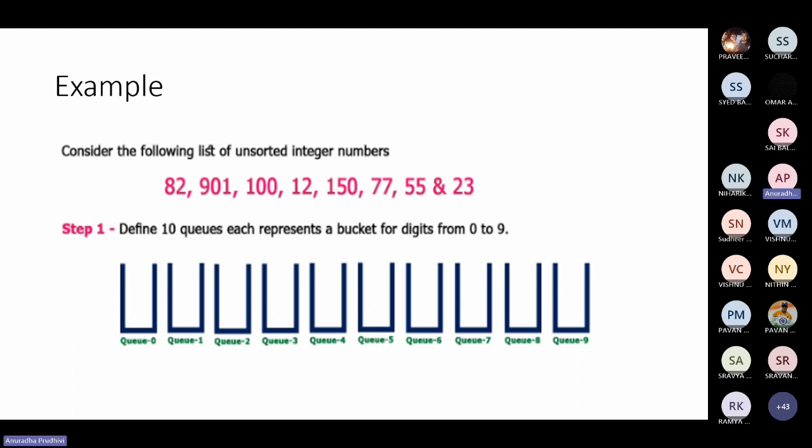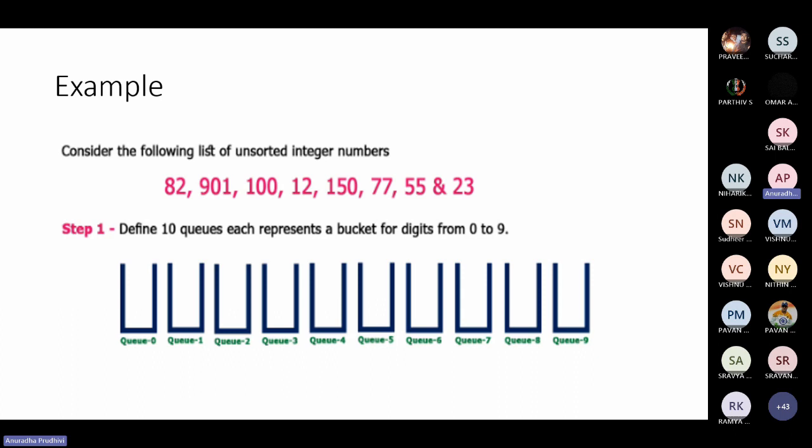See here, 82, 901, 100, these are the numbers. Consider the same least significant digits: 2, 1, 0, 2, 0, 7, 5, 3. Before, we were inserting these least significant digits into queues: a 2 in Q2, a 1 in Q1.